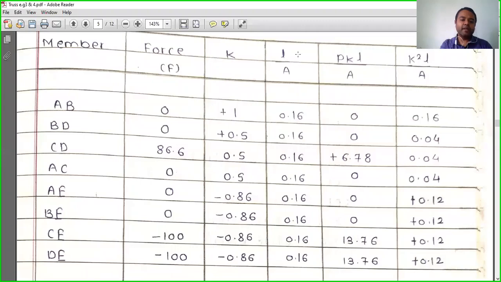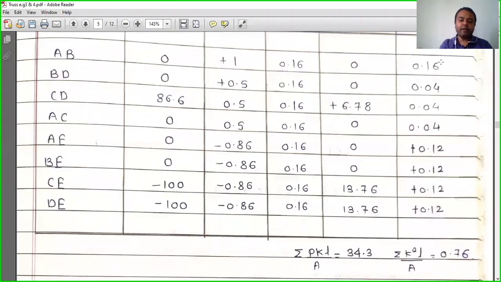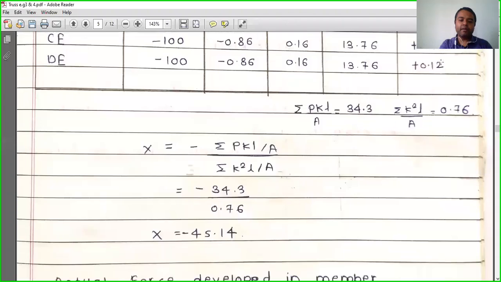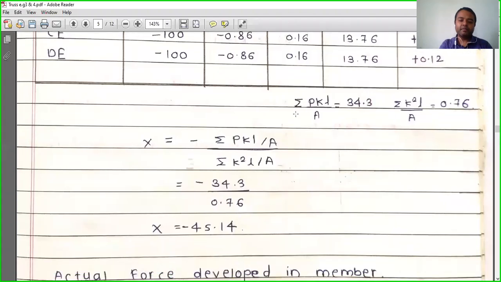Now next find the L upon A ratio. L upon A ratio is given. Find the value of PKL upon A. Just take the multiplication of these three columns. Find K square L upon A. After completing this table, find the summation.